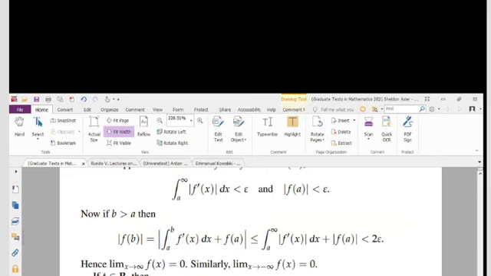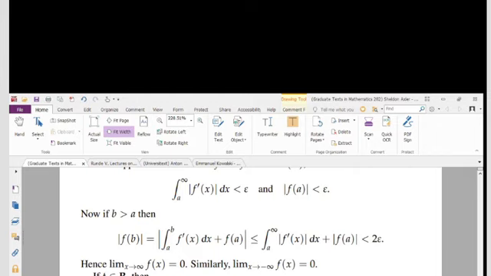So for any b greater than a, f of b is less than 2 epsilon, so that the limit of f of x is equal to 0. f of x is less than epsilon for arbitrarily large x, so that f of x tends to 0 at infinity.